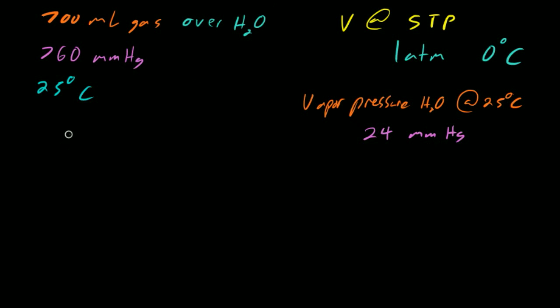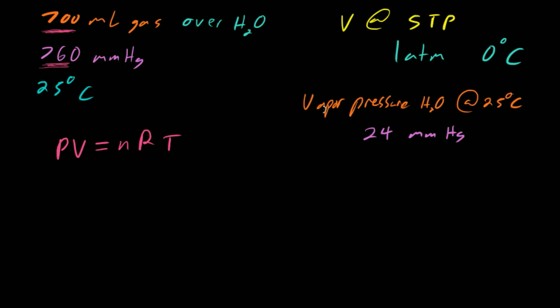First I'm going to write down our ideal gas equation. We have PV equals nRT. Let's start figuring out what we know. We know the volume, and we also know the pressure, but this 760 millimeters of mercury pressure can't all be the gas we're looking for, because we're collecting it over water.